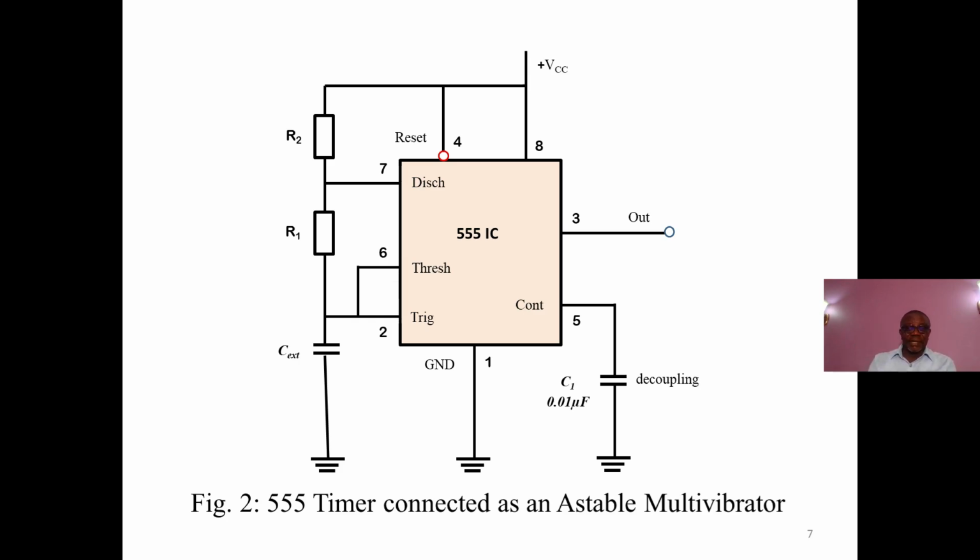The C external, the capacitor you see, which is external to the circuit, is uncharged, and thus the trigger voltage, that is pin 2, is at 0 volts. This causes the output of the lower comparator to be high. From our previous circuit, you saw the lower comparator. This forces the output of the lower comparator to be high and the output of the upper comparator to be low.